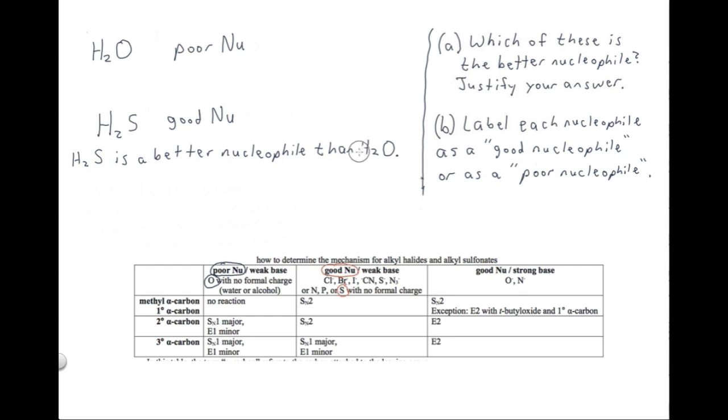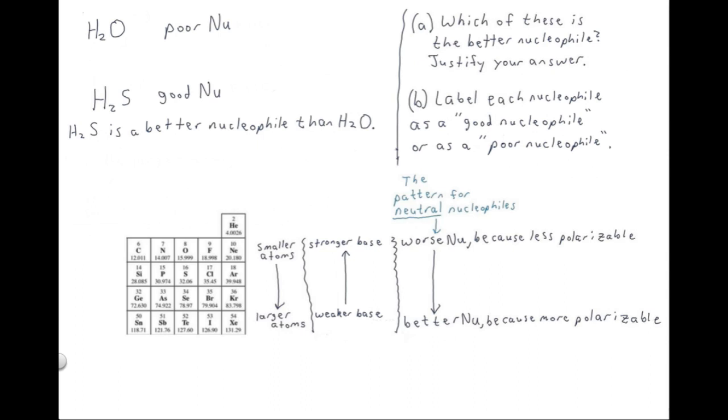But we haven't quite finished answering this question. We haven't justified our answer. We haven't given an explanation for why this is the better and this is the worse nucleophile. Well, let's find oxygen and sulfur in the periodic table. Oxygen and sulfur are in the same column of the periodic table. So what we're asking is, as we move down a column of the periodic table, what happens to nucleophile ability? Well, here's the answer.